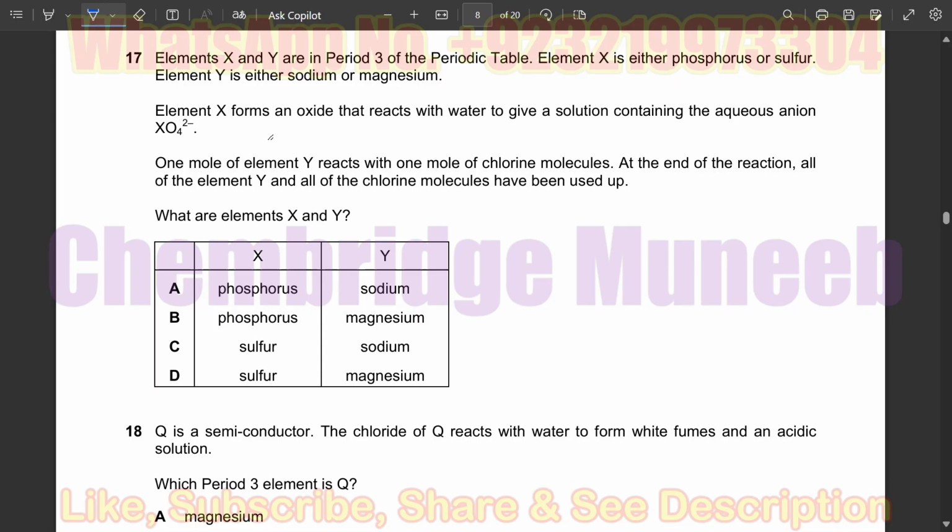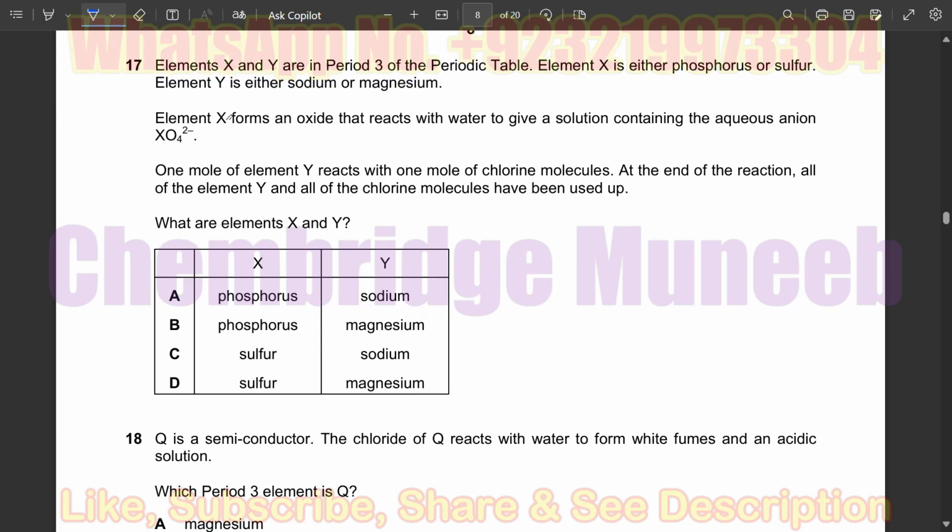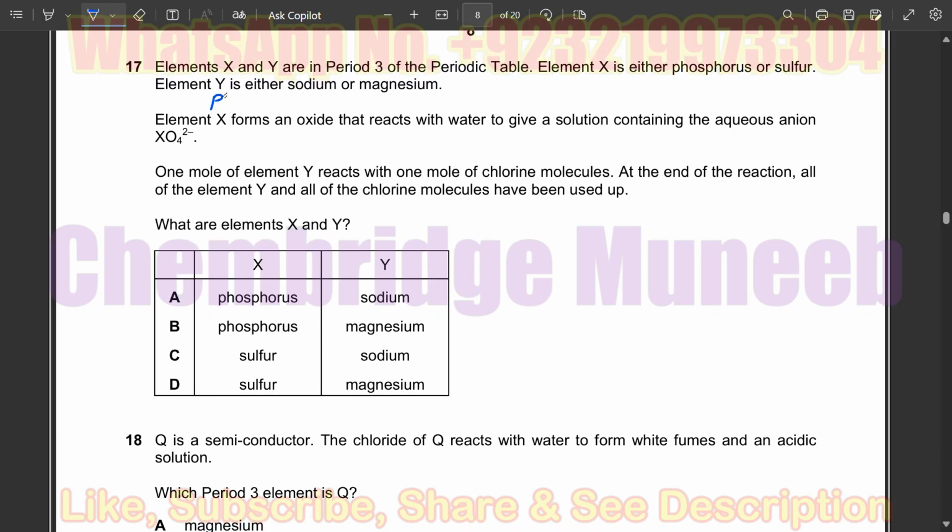Element X forms an oxide that reacts with water to give a solution containing the anion XO4 2 minus. So element X can be phosphorus or sulfur, and this type of anion is given by sulfur, that is SO4 2 minus. You can also use the oxidation number to confirm this. So it is SO4 2 minus, which means this is sulfur.